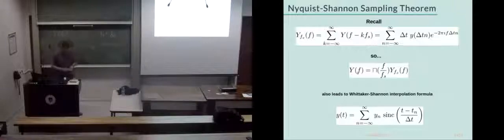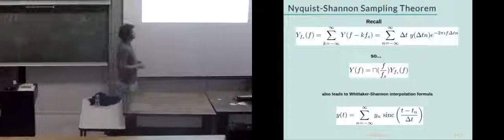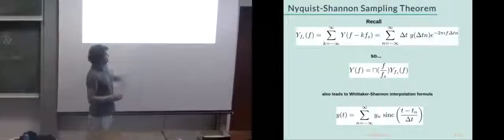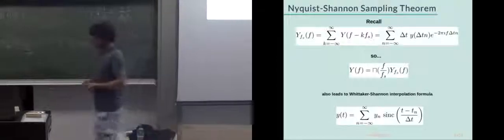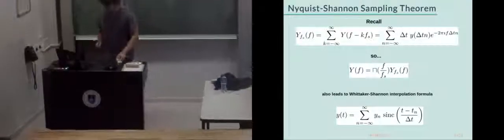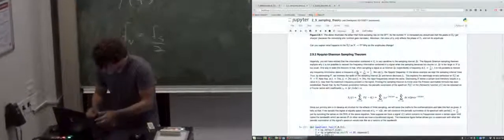The way you actually end up doing that in practice is given by the Whittaker-Shannon interpolation formula. The mathematics behind this is explained in the actual notebook. The idea that I wanted to demonstrate may be better to do here. Here I've got a bandwidth limited function, and now I'm forming the periodic summation.